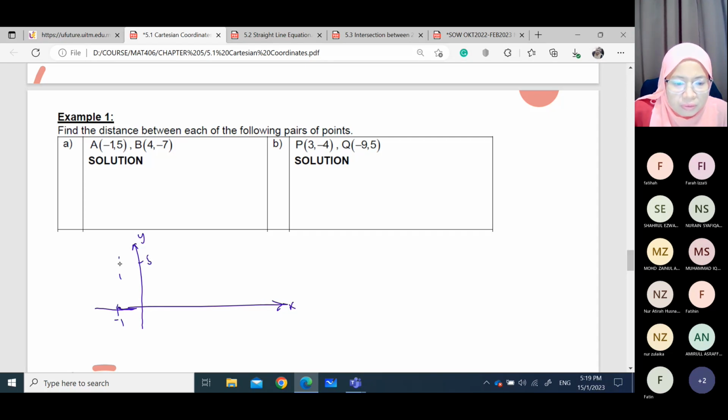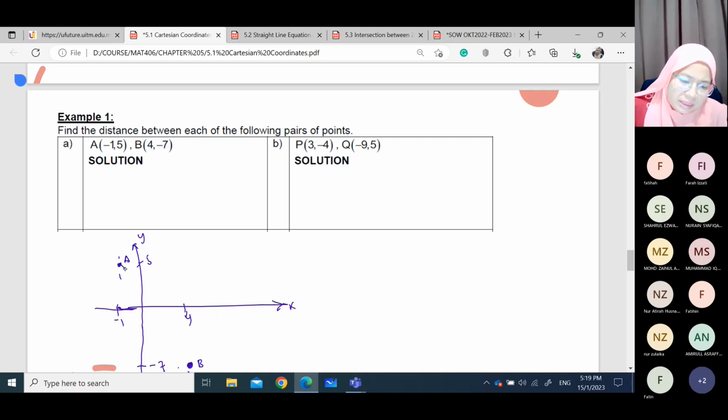So maknanya point untuk A di sini. So this is a point A and point B for negative 7. Okay, so katakan negative 7 dekat sini for y and x at 4 is this one dekat sini. So point dia adalah di sini. So this one is a point B.